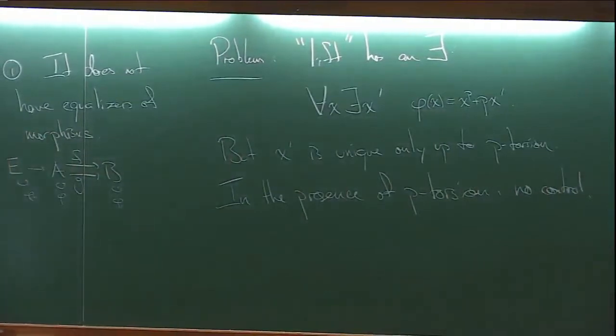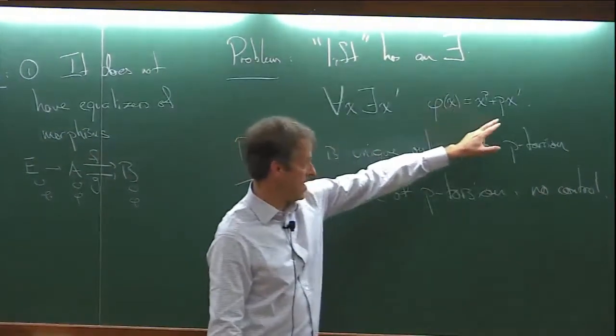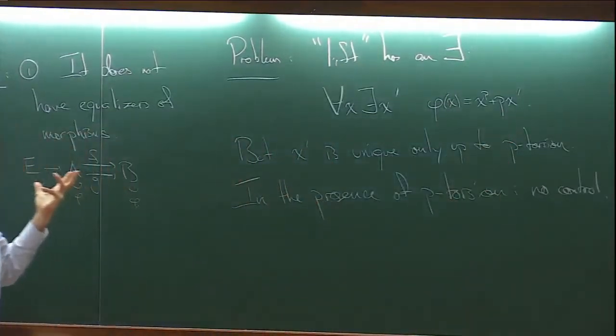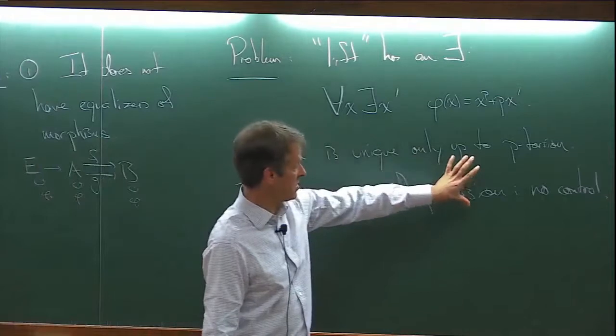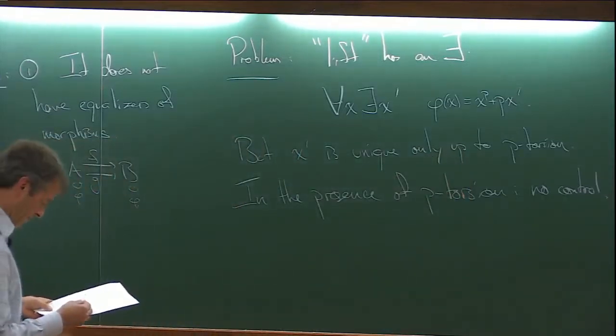It kind of prevents you from doing things. In the p torsion free setting, x prime, if it exists, is unique. So then you do have complete control over everything. And then the concept of a Frobenius lift is exactly the right thing. But in the presence of p torsion, it's not. It's sort of only an approximation to the right concept.